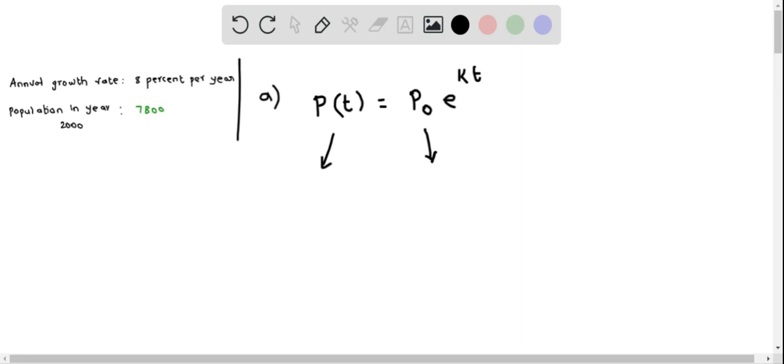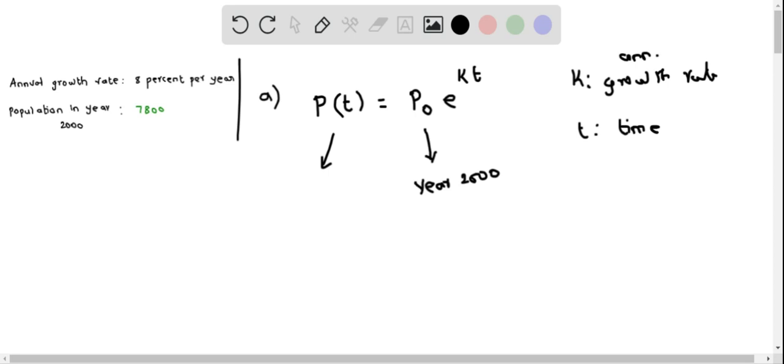In this case, it is the population in year 2000, and k is the annual growth rate, and t is the time in years.